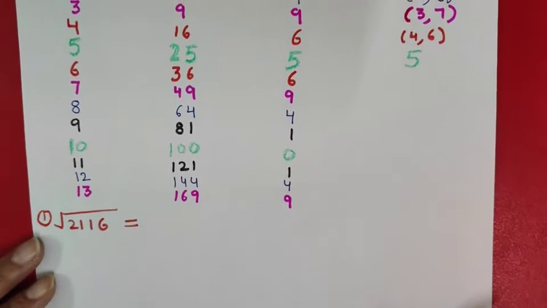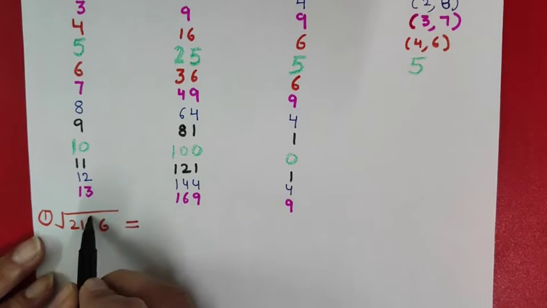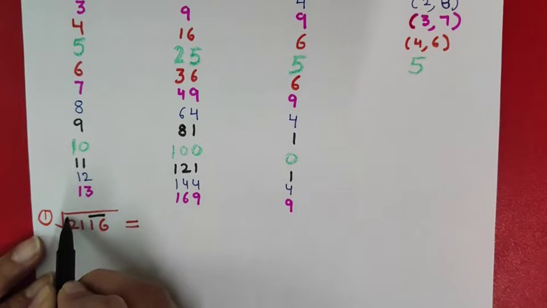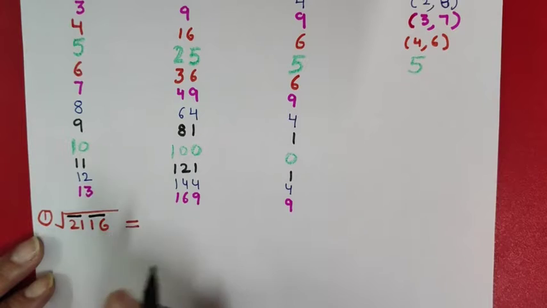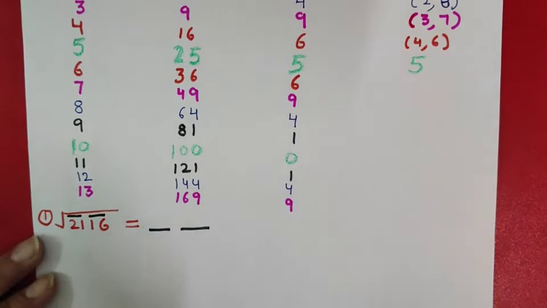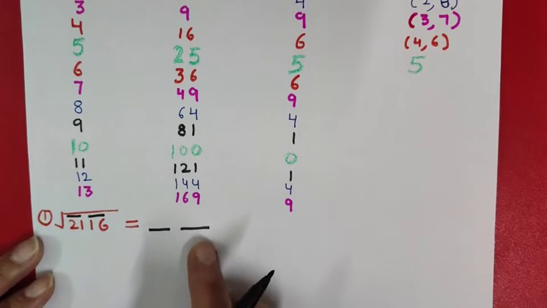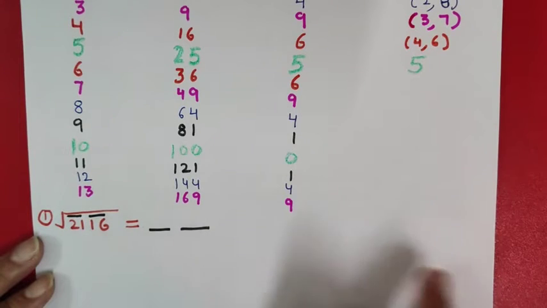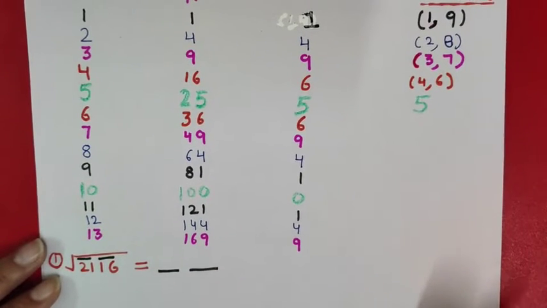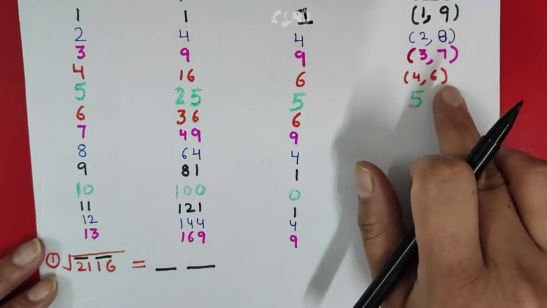We want to find the square root of 2116. Now to apply this method, first starting from the right hand side, make pairs of two digits. 2 digits 16, 2 digits 21. 2 pairs, so there will be 2 digits in the square root. So let us take our first group 16. It will give us the idea of the unit digit of the answer. As we have discussed, whenever the square has its unit digit as 6, its square root must have its unit digit either 4 or 6.